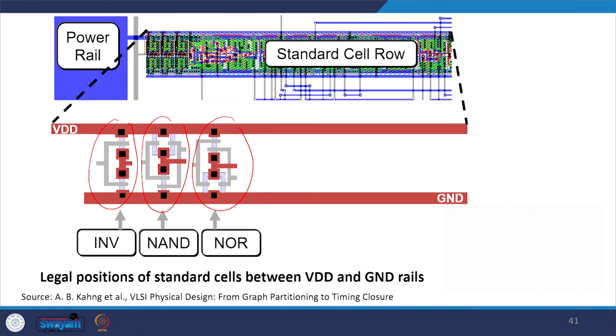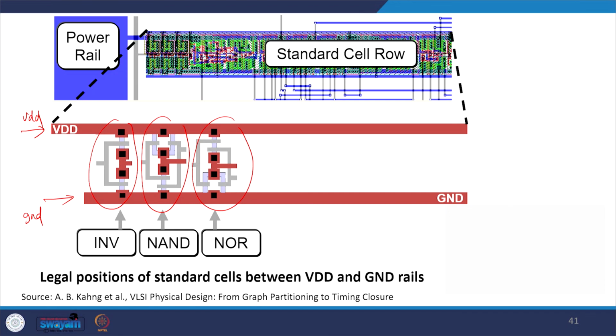Whenever you cascade these cells next to each other without overlapping them, they satisfy the DRC rules and automatically create the power and ground network. So, this is your VDD line and this is your ground line, automatically created in metal 1.